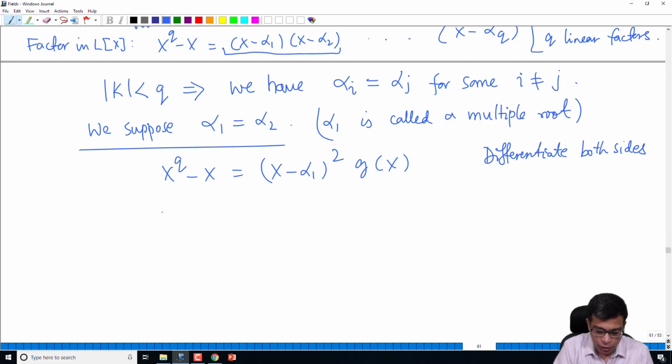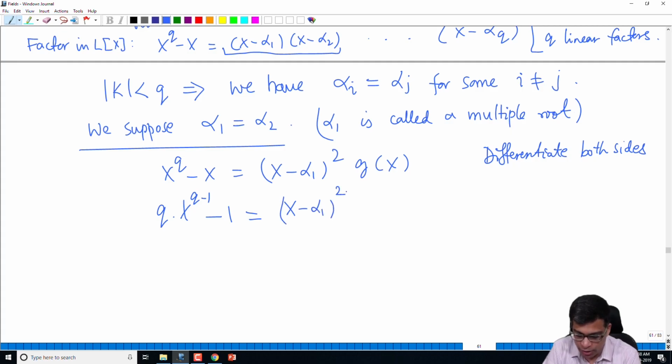We get q times x power q minus 1 minus 1, that's the derivative of the left hand side. The right hand side I am going to use the product rule. So I will have x minus alpha 1 whole squared times g prime of x plus g(x) times 2 times x minus alpha 1.